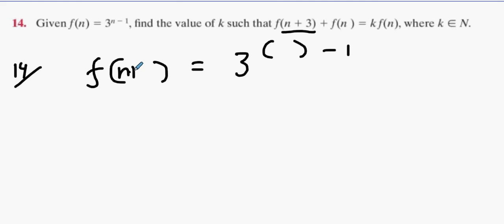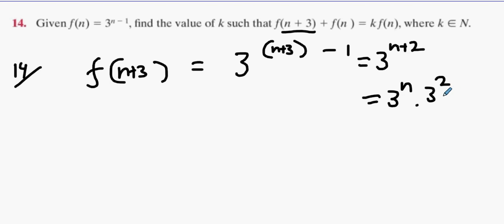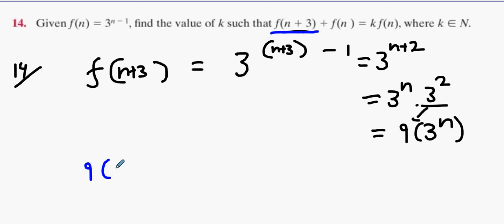That's n plus 3, take away 1, which is n plus 2. n plus 2 can be broken into 3 to the power of n multiplied by 3 squared. 3 squared is 9. 9 3 to the n's. Okay, put it all in order. 9 times 3 to the power of n.